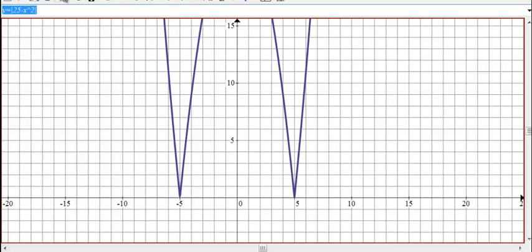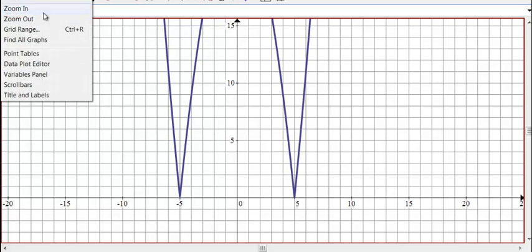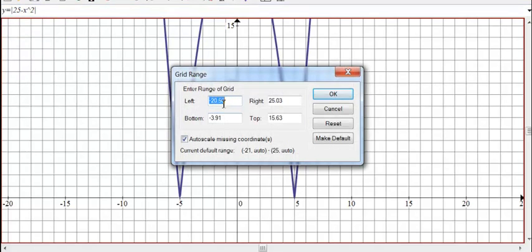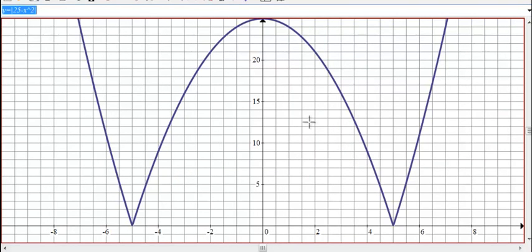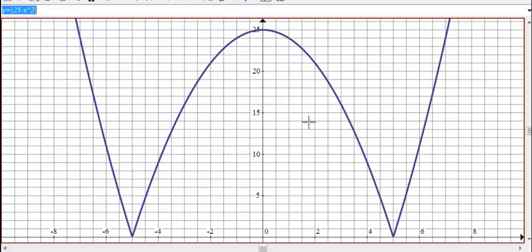Now, to get a better view of this, though, I'll need to change my grid range a little bit. I don't need to go very far into the negatives on the bottom, so I'm going to go down to negative 2, but I need to go up a ways further. Let's go up 25 and see if that's enough. And what if I just go from negative 10 to 10 on the x's, and let's see what that looks like. That's pretty close to what I want. That's not bad.